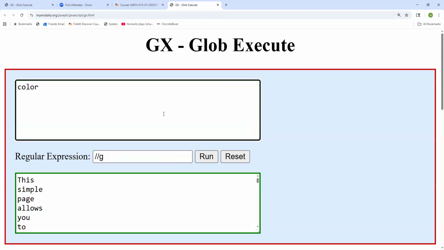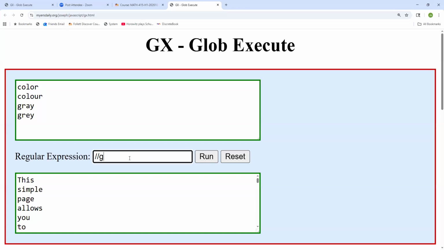What if you had the word color and the word colour like that? In Britain, England, they use a U after it. And then what if you had some words that were spelled differently, like Lady Gray or Lady Grey? So how would I match both the word color and the word colour?